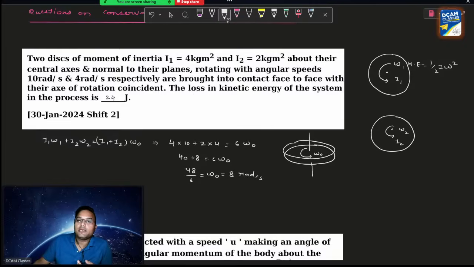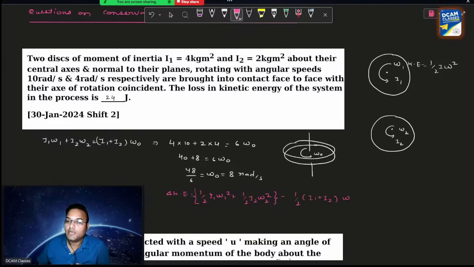Now they're asking the loss in kinetic energy of the system. The delta K that they are asking is equal to initial, which was half I1 omega 1 square plus half I2 omega 2 square. This is initial. Final will be half into I1 plus I2, the combined moment of inertia, into omega naught square. Just put the values and get the answer.